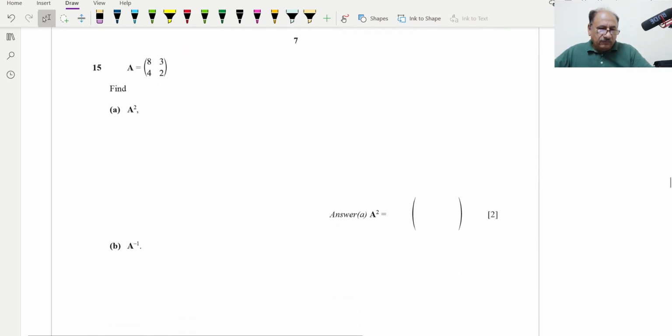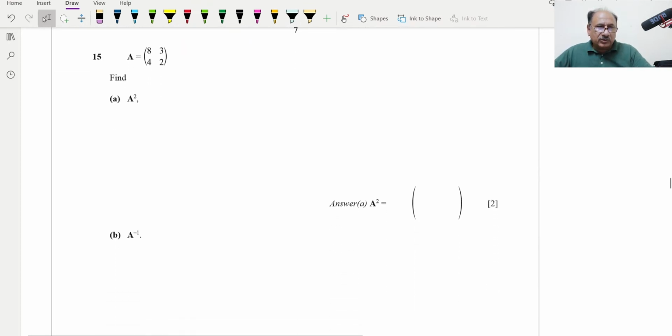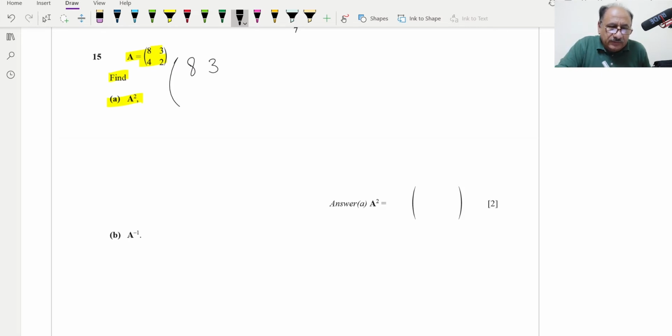Now question number 15 is matrices question. So we have to find matrix, given A is this one. Find A square. So A square will be A multiplied by A. So we can write A as 8, 3, 4 and 2, and this will be multiplied by itself, 8, 3, 4 and 2.